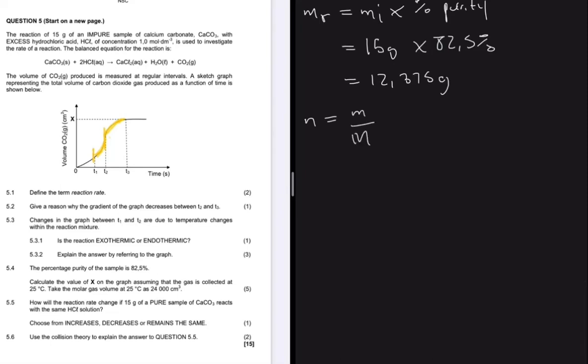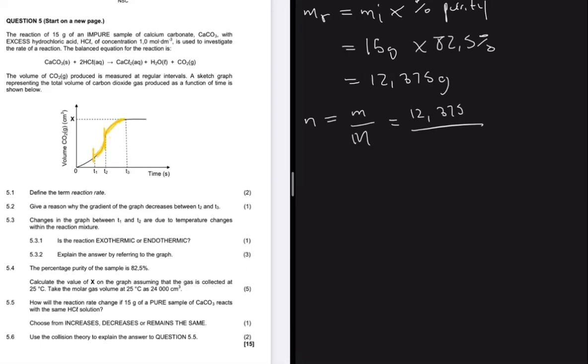What is the mass? The mass is what we just determined, which is 12.375 gram, and then we're supposed to find the molar mass of calcium carbonate. So let me pull up my periodic table.